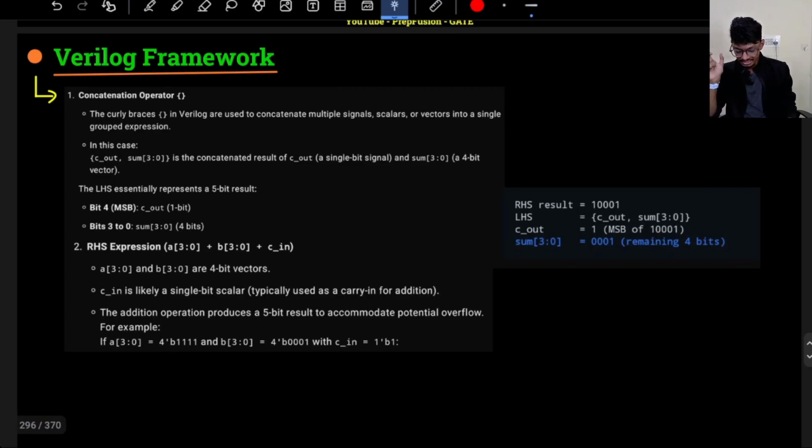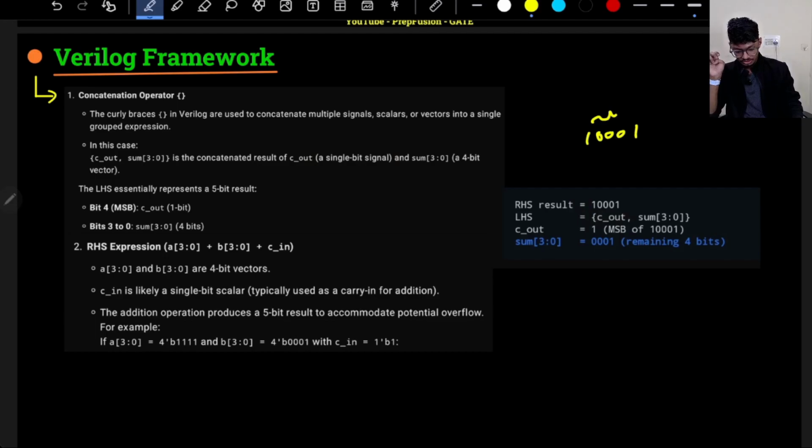So the concatenation operator is shown like this, curly brackets. The curly braces in Verilog are used to concatenate multiple signals, scalars or vectors into a single grouped expression. In this case, {Cout, sum} is the concatenated result of Cout, which is a single bit signal, and sum. So basically, let's say the right hand side result is 1001.